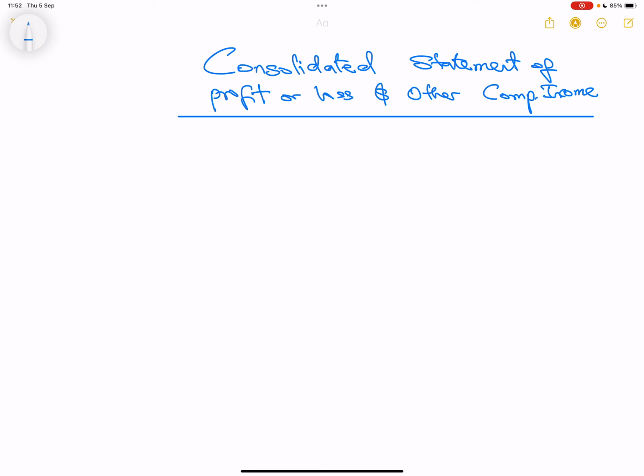So I'm going to break this down quickly into 3 major steps. That's how we're going to approach it, and after then, we'll go into the question itself, right? Anytime you are asked to consolidate a profit or loss account, the first step is to prepare a revised financial statement for parent and subsidiary.